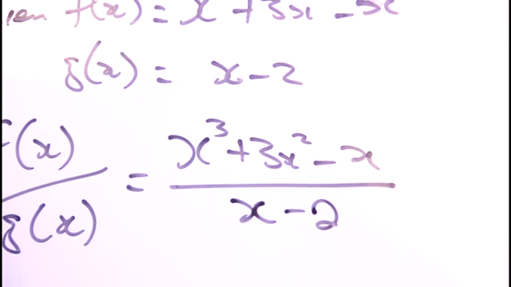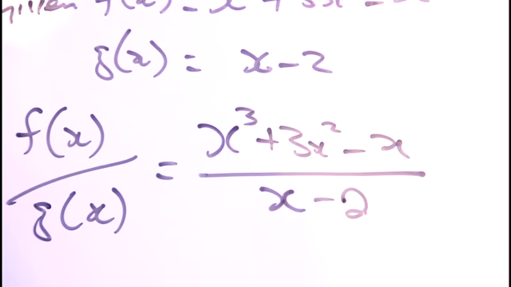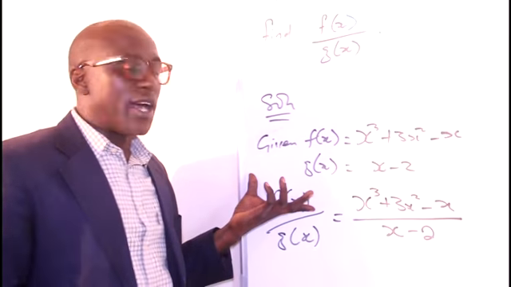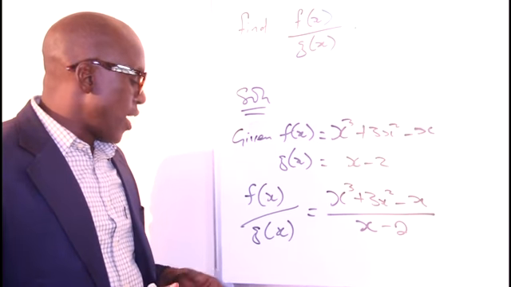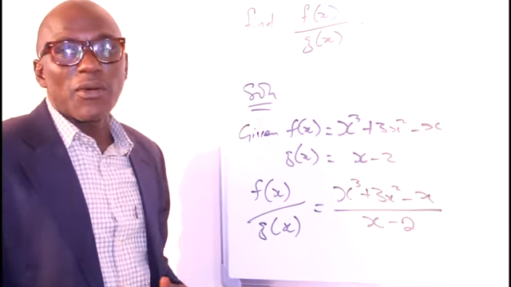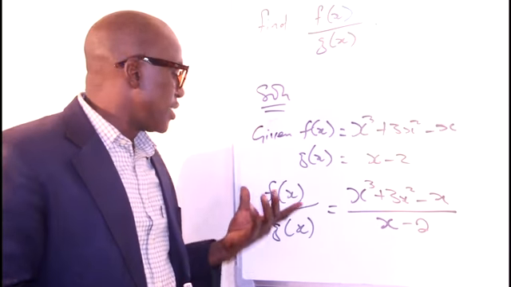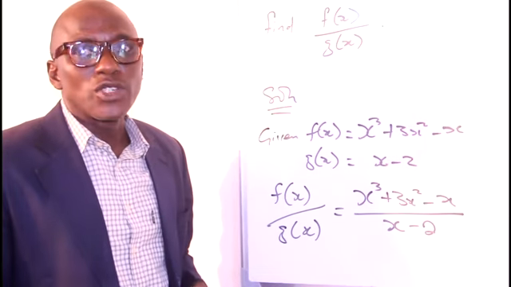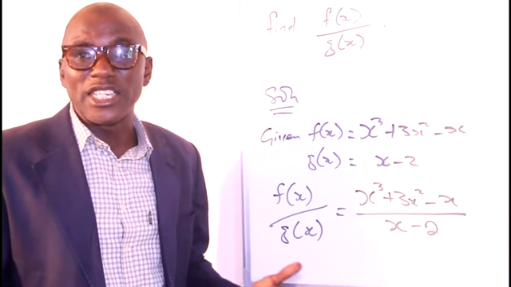If you want to do that, it's a very simple principle. Now you need to know that f of x is our dividend while g of x is our divisor. The dividend will be divided by the divisor.